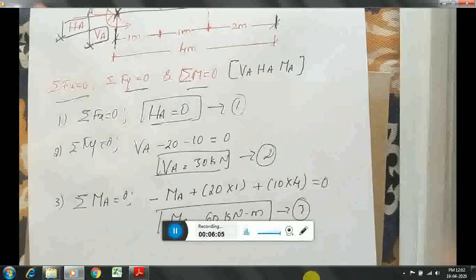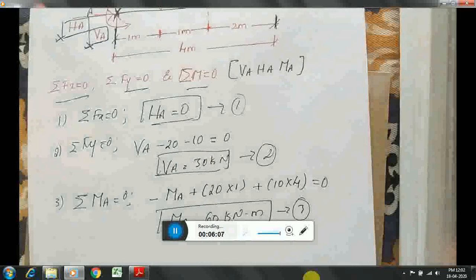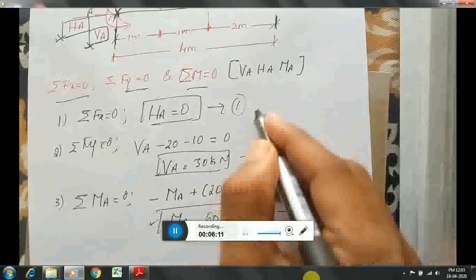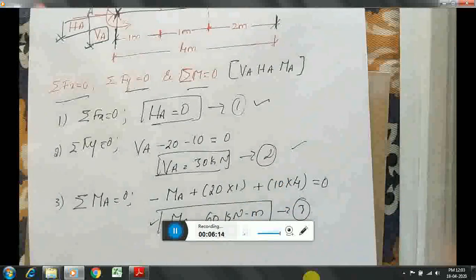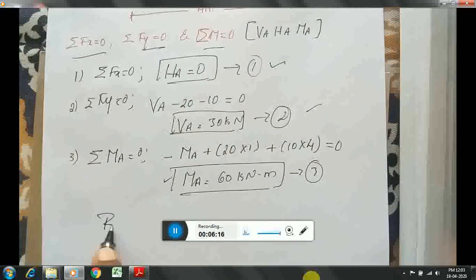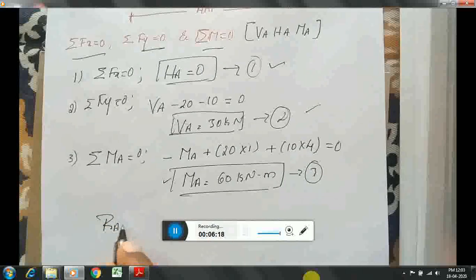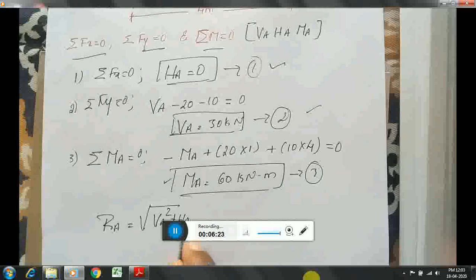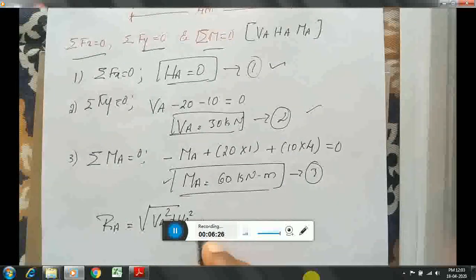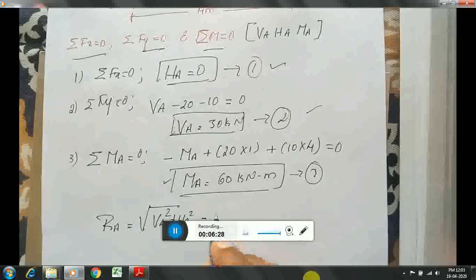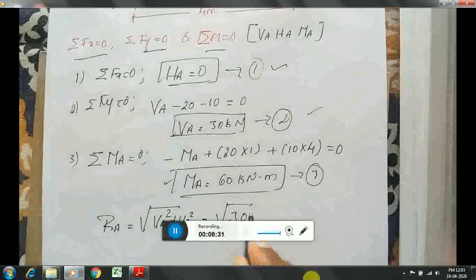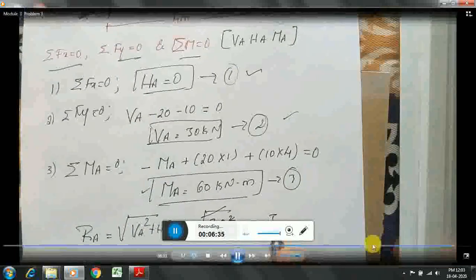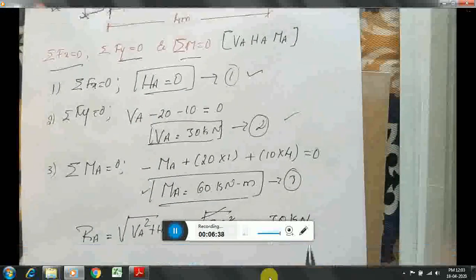So since we have two reactions at A, VA and HA, and MA is the moment, we can find the resultant at A. Therefore RA, the resultant, is equal to square root of VA square plus HA square. Anyhow HA is 0, therefore 30 square, so square and square root cancel. RA is nothing but 30 kilonewton.